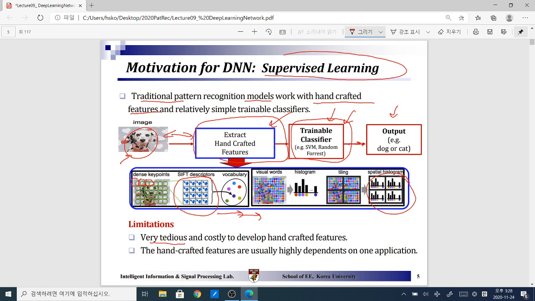As you can see here, it takes multiple steps to generate the features for use in a trainable classifier. So it costs a lot to develop handcrafted features. At the same time, we need different types of SIFT or visual word processes in between, depending on the type of application. So this is very much application dependent as well.